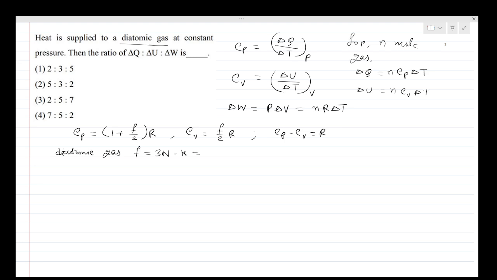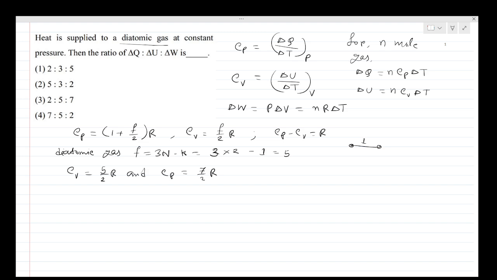Here the diatomic gas has two atoms, so 3 into 2 minus K. K is the constant, or the independent relation between them. There is only one constant, that is 1. So we have f equals 5. Therefore Cv equals 5 by 2 R and Cp equals 1 plus 5 by 2, that means 7 by 2 R.